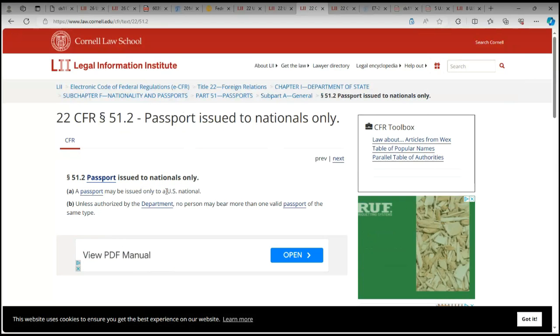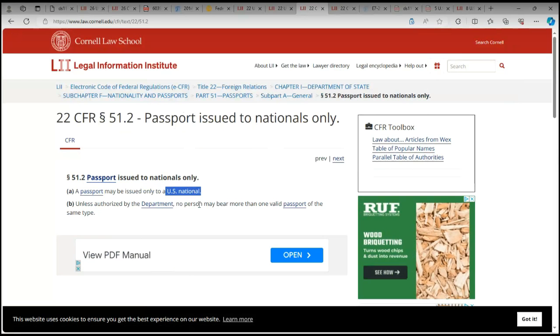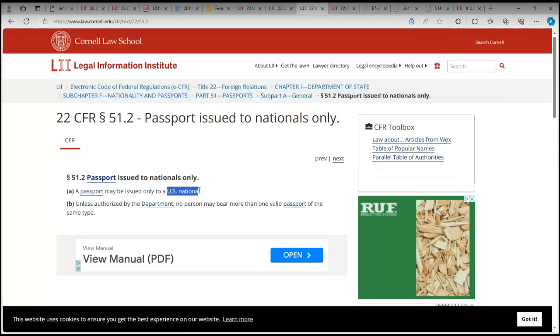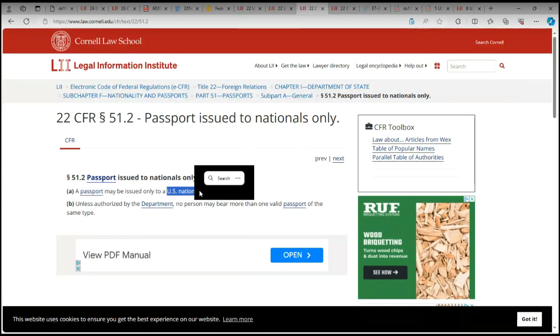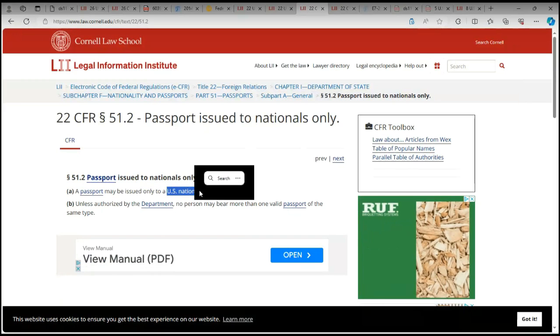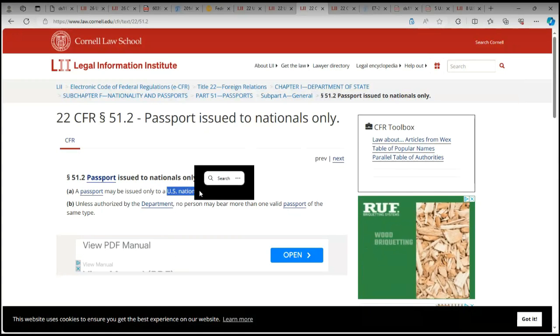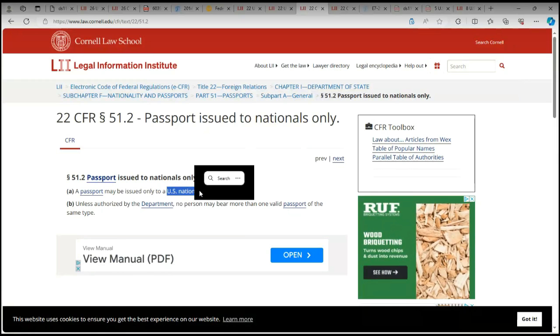All they did was simplify this. So instead of writing U.S. citizen and U.S. non-citizen national, they broke it down to one word. No different than, say, if you were writing paperwork, a contract, and you wrote down that person means corporation, individual, association, trust, and all that. But you're going to use this word person 100 times in your paperwork.